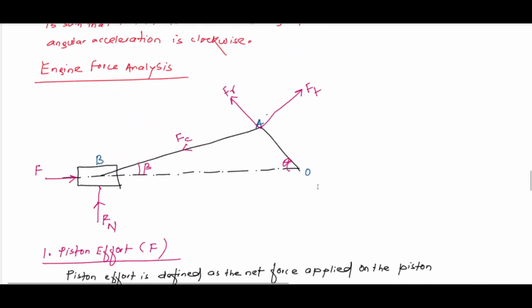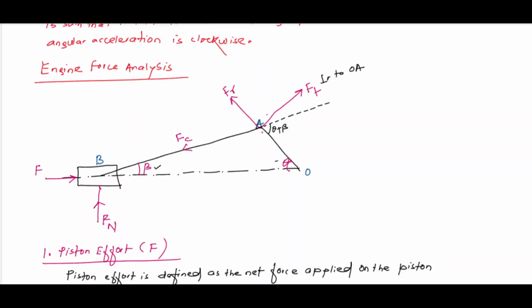If you see here, we have this Ft normal to OA, right? Now let us produce the connecting rod line. If this angle is beta and this angle is theta, what about this angle? This will be equal to theta plus beta, isn't it?